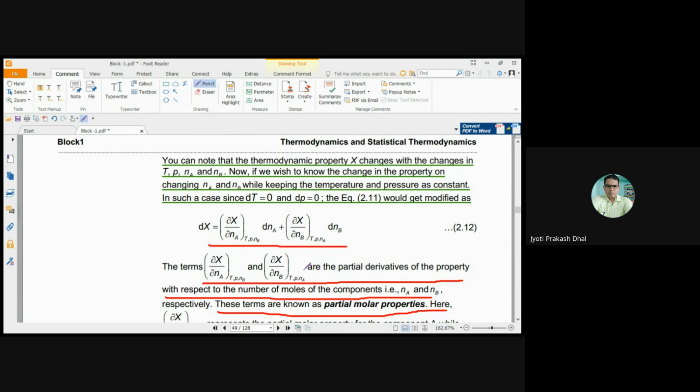And here we can note that the thermodynamic property X changes with the change in temperature, pressure, number of moles of A, number of moles of B respectively.